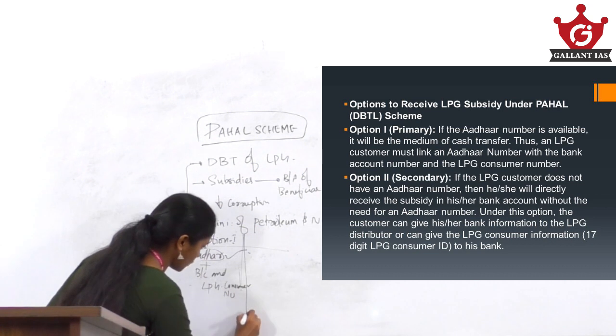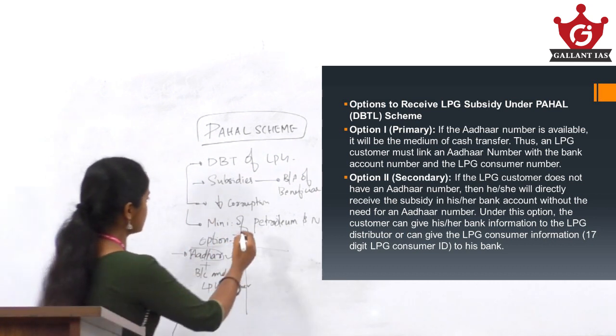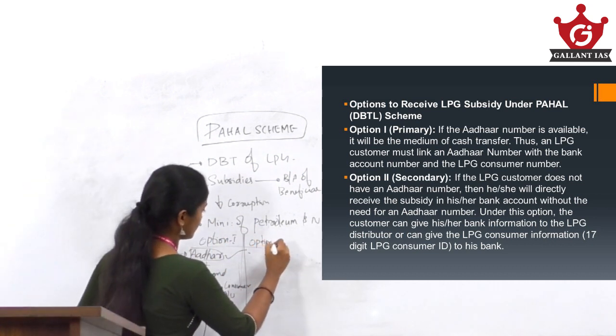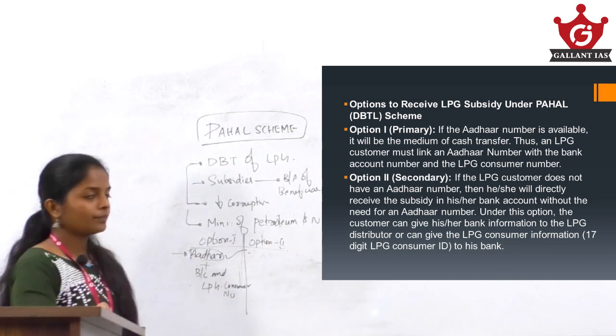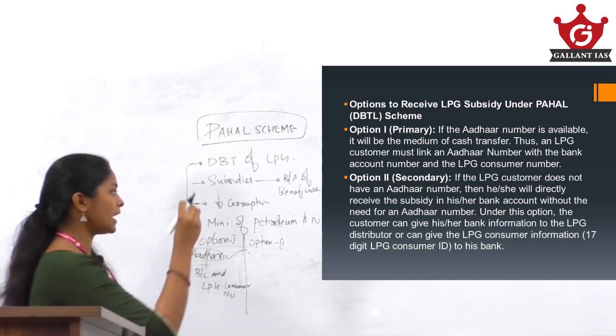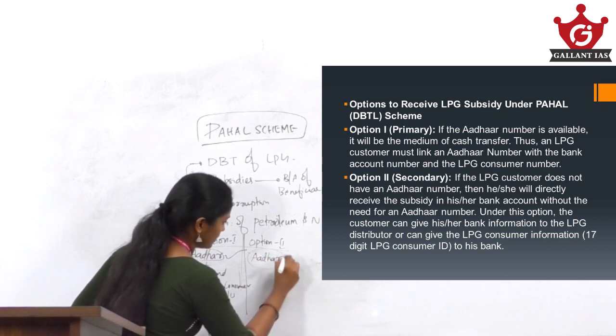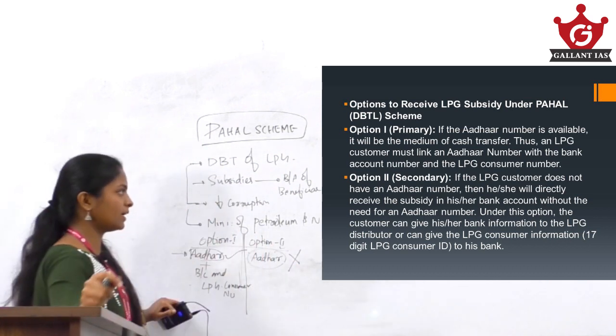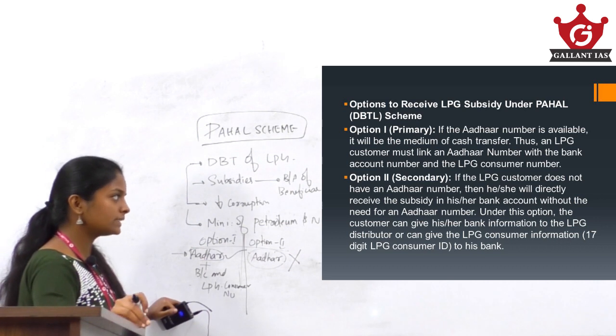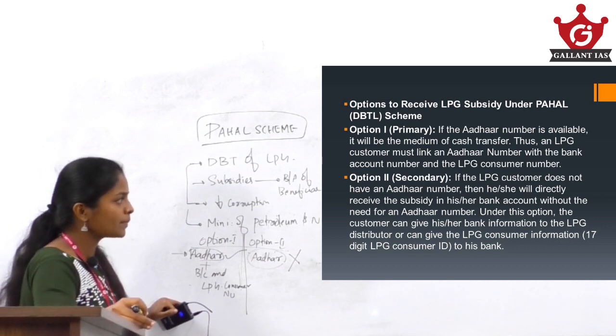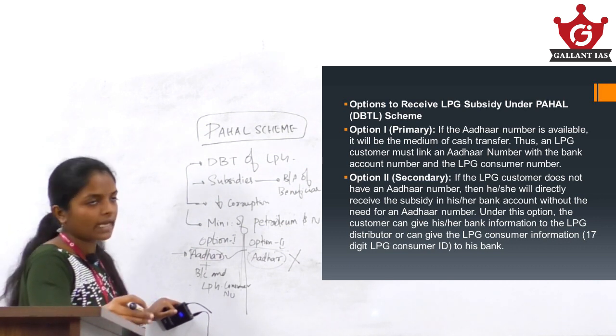So this is the first option, and the second option is if the LPG customer does not have an Aadhaar number. He or she will directly receive the subsidy in his or her bank account without the need for an Aadhaar number.